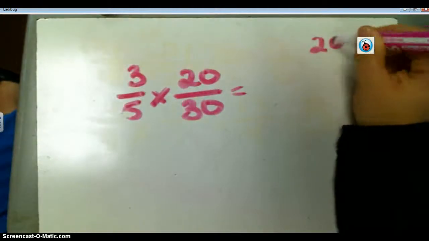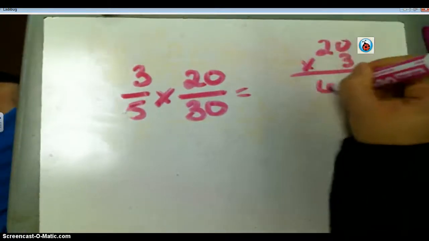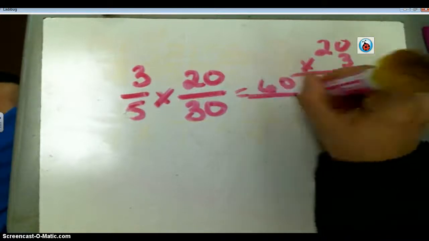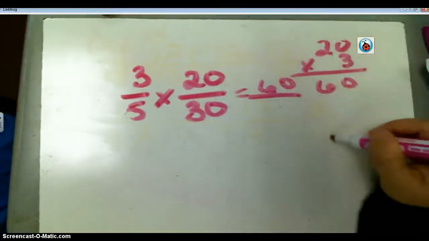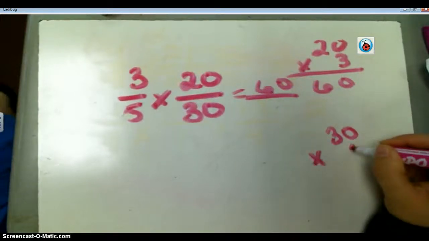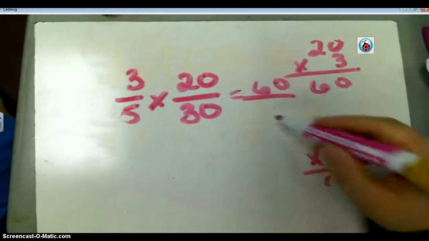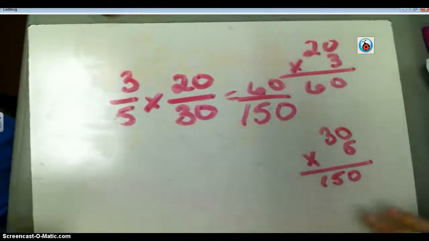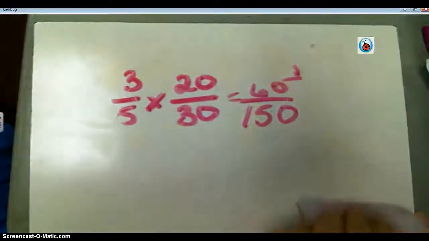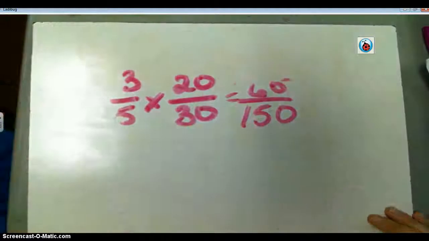So, 20 times 3 equals 60. Absolutely, you always simplify. 5 times 30 would equal 150. So can you simplify 60 over 150?